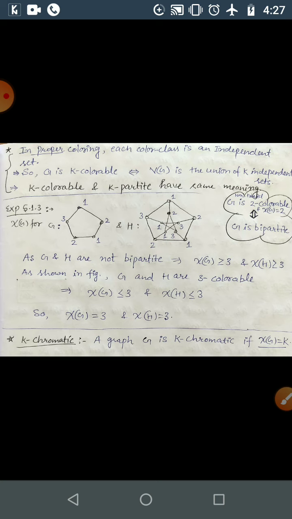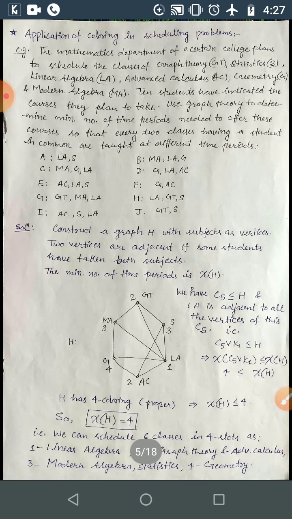So likewise you can use this chromaticity in map coloring. Another application is when, in some university, we want to assign time slots for final exams so that two courses with a common student have different time slots.